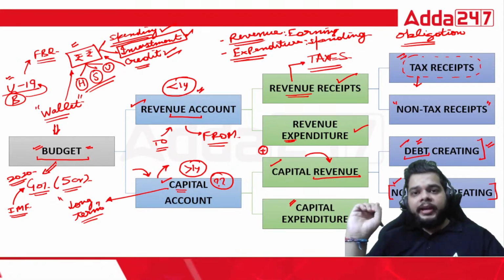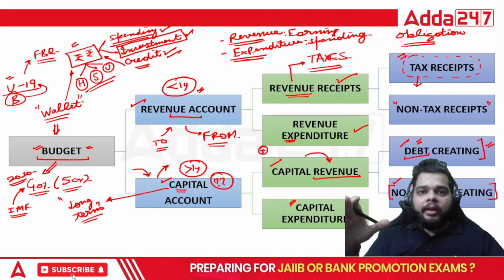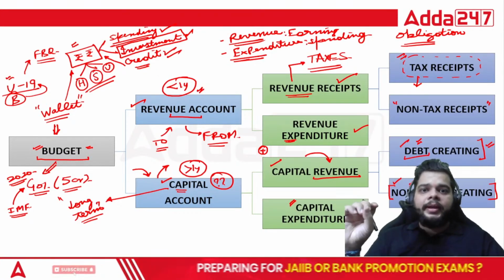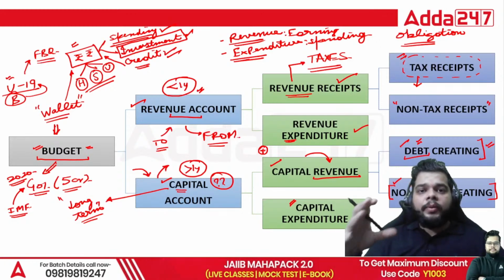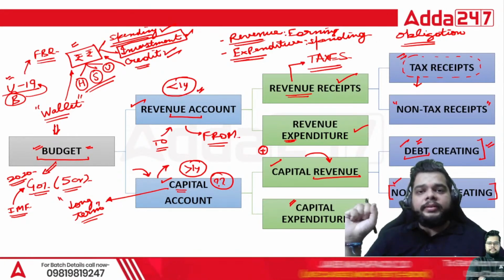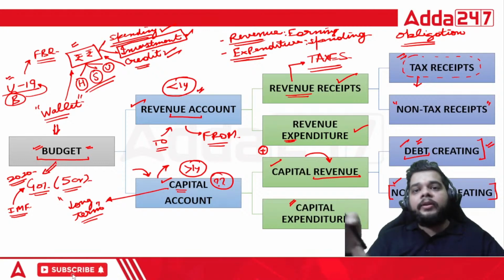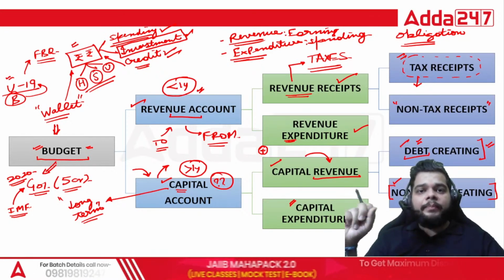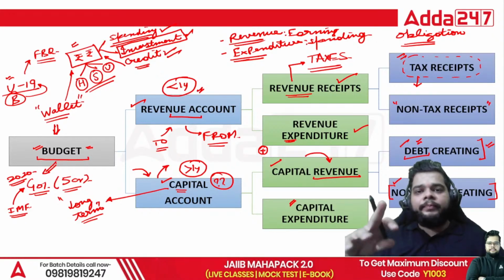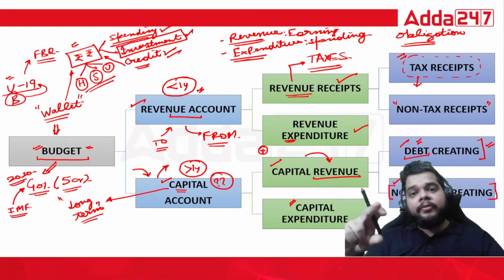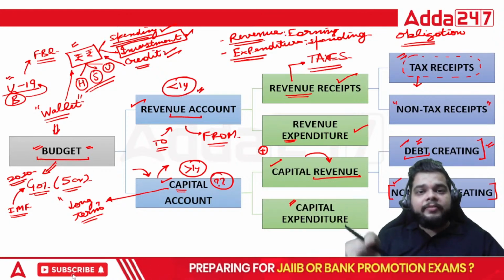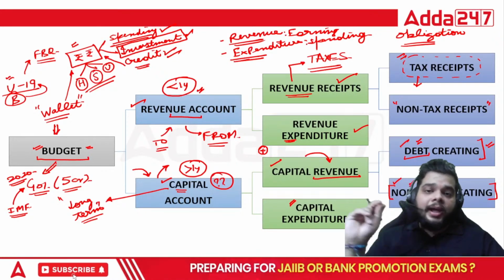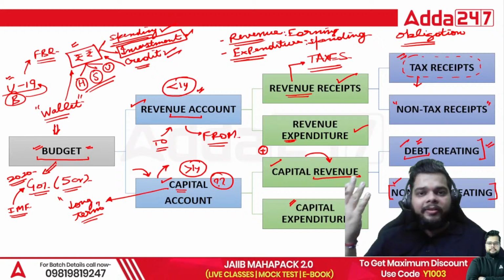Which type of credit will it be? Whether it is a long term credit or a short term credit. Fine. So it will be a long duration credit. Why? Because the Government of India will be utilizing these funds in a stipulated time period, and after a certain time period, the Government of India will be serving this amount back to the IMF as well, because it is a type of loan.